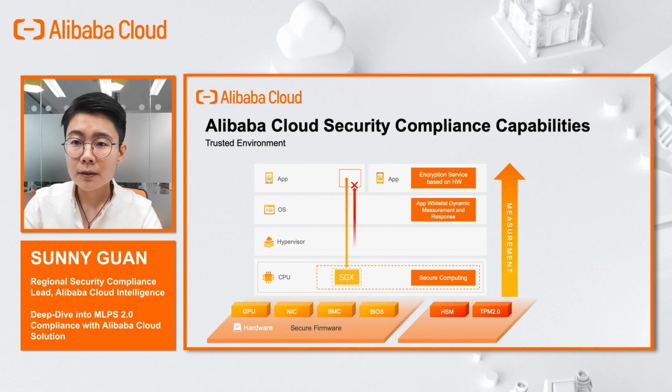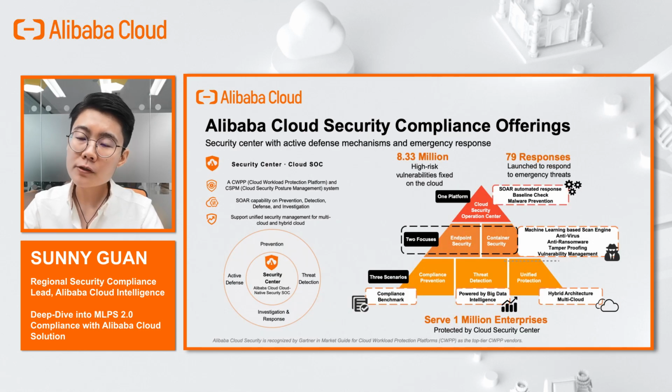One layer above, we use the SGX, which is a CPU-based encryption module to provide the security computing environment. What's more, you can use the security center as a SOC for central security management to fulfill the one center requirements required under MLPS 2.0.